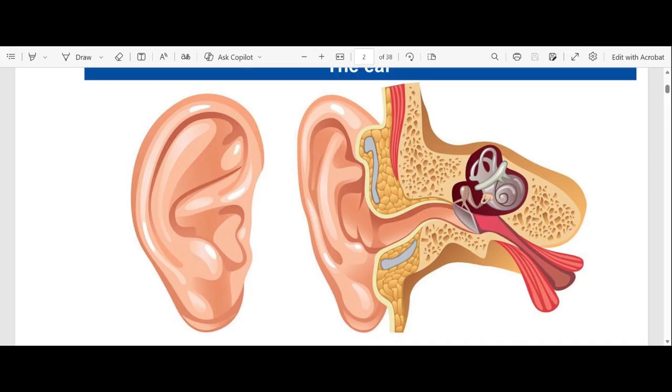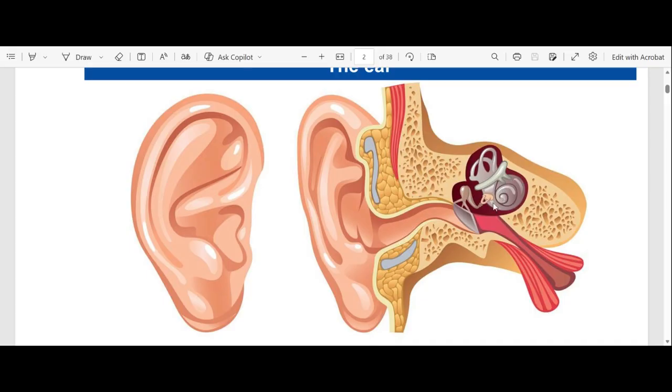And our oval window leads us to our inner ear. Our oval window is connected to the cochlea, the spiral structure, and inside our cochlea, we have our organ of Corti, which is a receptor.